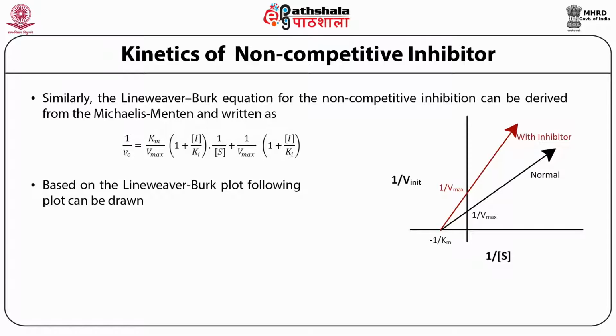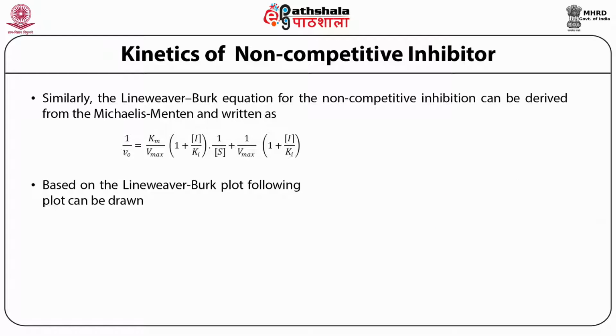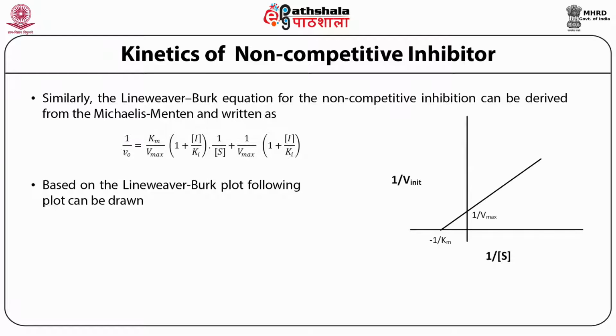As you can see from the graph, Km remains the same either in the presence or in the absence of inhibitor, while 1 by Vmax increases in the presence of inhibitor. Because this Lineweaver plot is a reciprocal plot, if 1 by Vmax increases, then Vmax decreases.